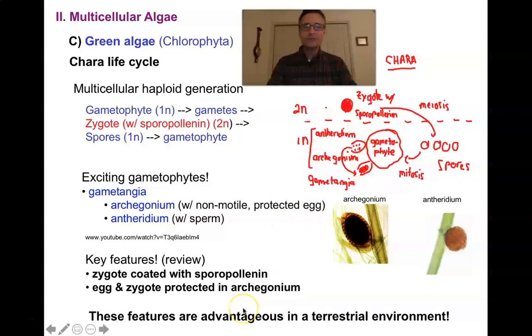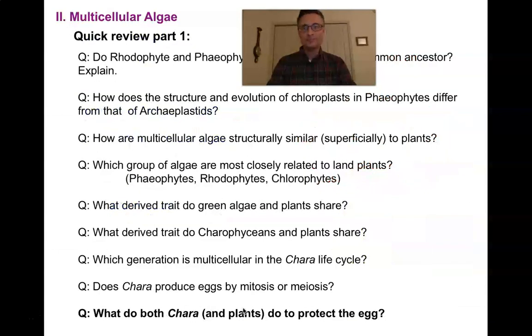And so these features, as we mentioned, are going to be very advantageous in a terrestrial environment as we start to have a more difficult reproduction in a world without water.